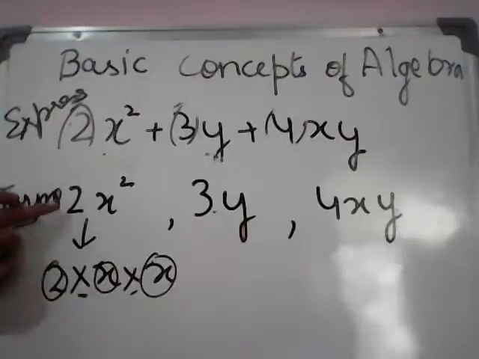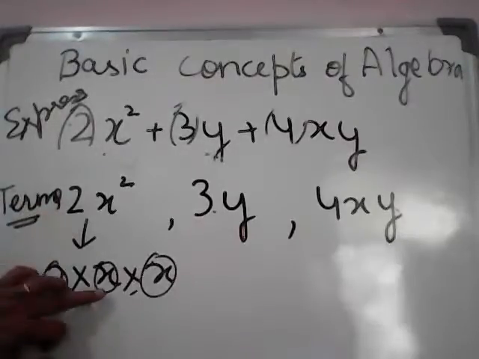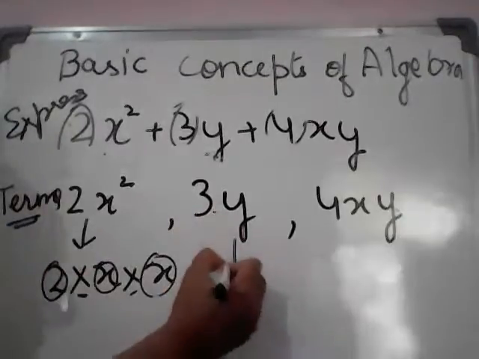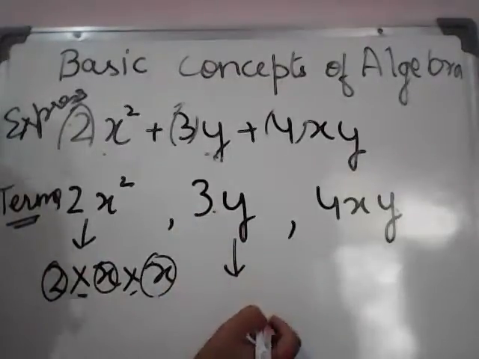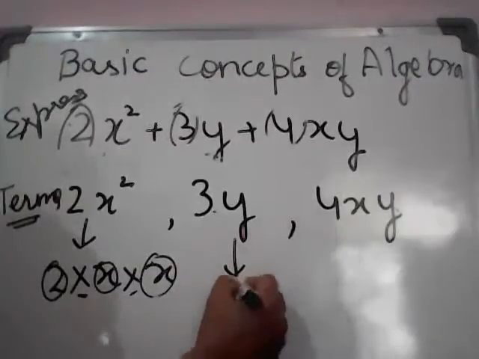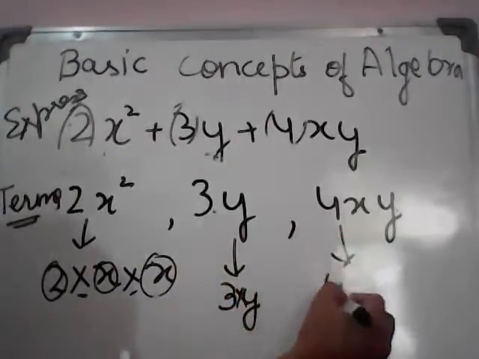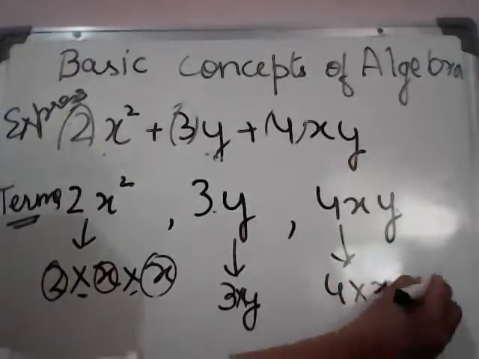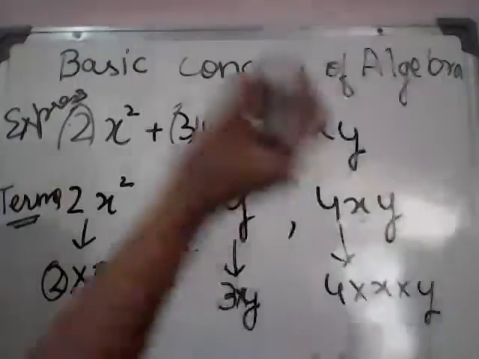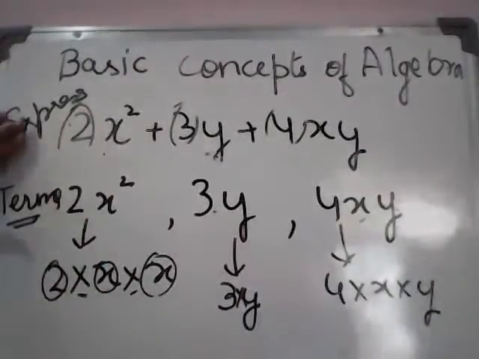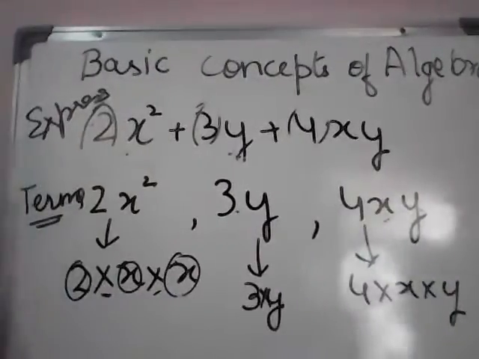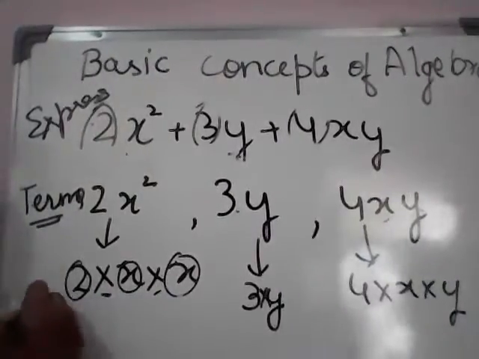This 2x square has 3 factors, 2, x and x. And 3y has 2 factors, 3 and y. This 4 into x into y also has 3 factors, 4, x and y. So expression, terms, and these are the factors of terms.